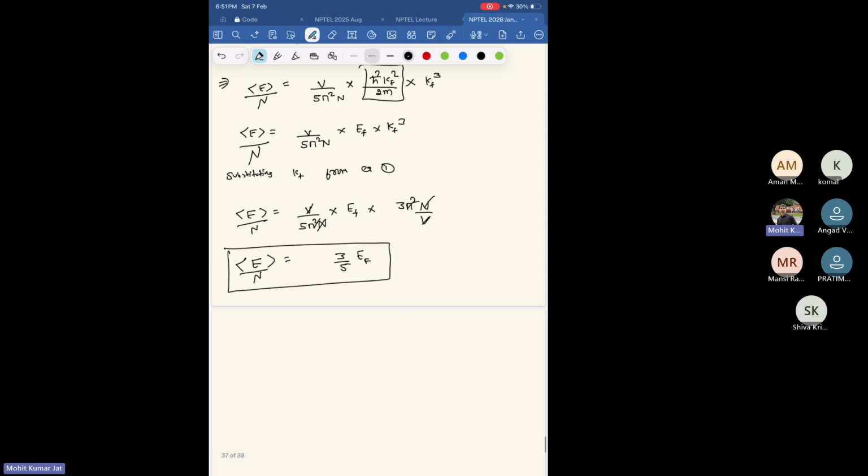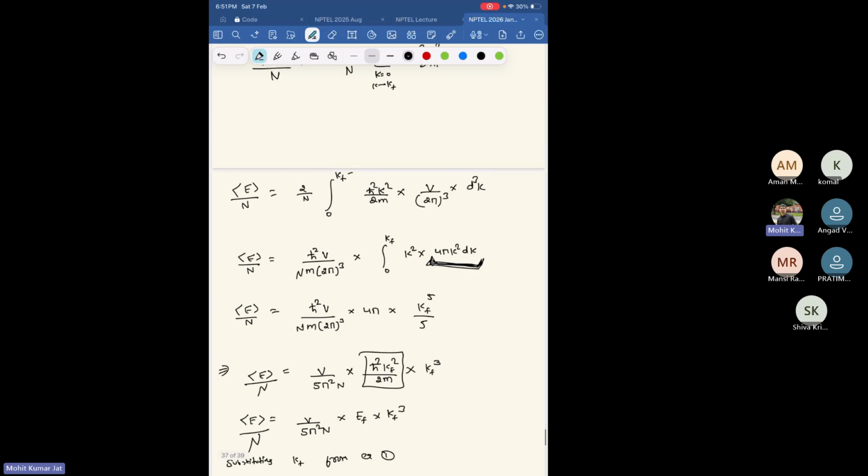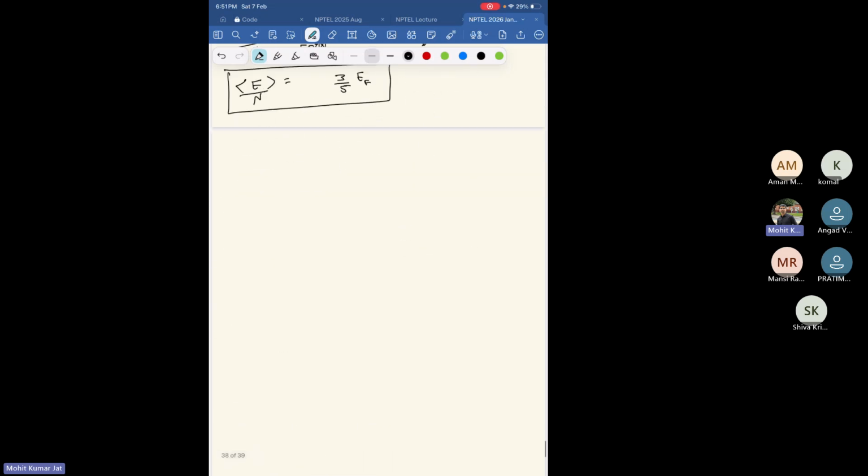Now, the question I asked was how we write this as 4πk² dk. I will address this one. So the volume element of a sphere in 3D. Whenever we derive such things, we break the larger picture into infinitesimally small pieces.